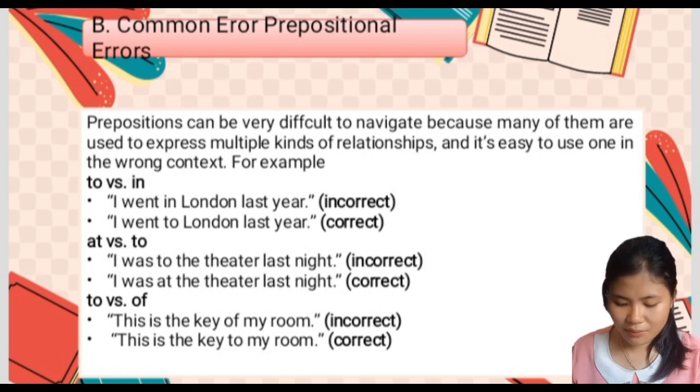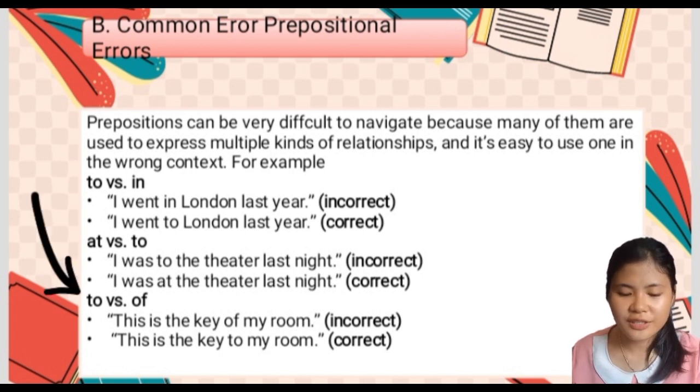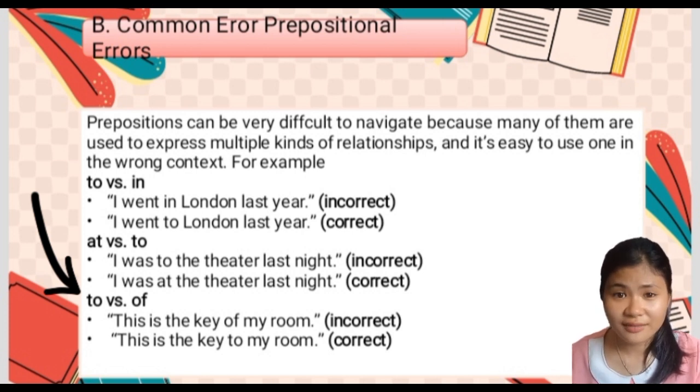The example number 3. To versus of. There are 2 sentences there. These sentences describe access or ownership. Let's see the first sentence. This is the key of my book. The sentence is incorrect.